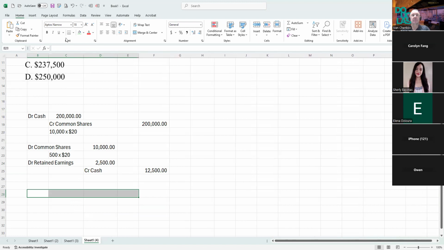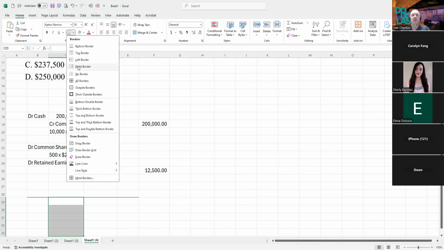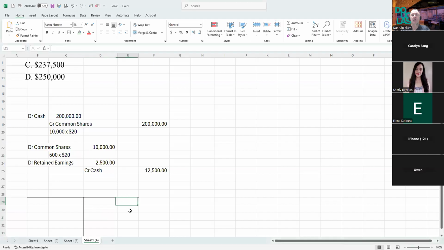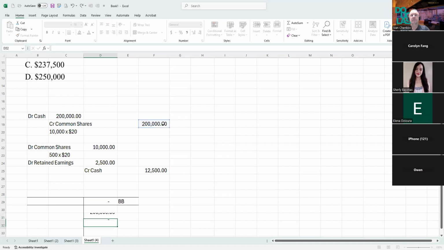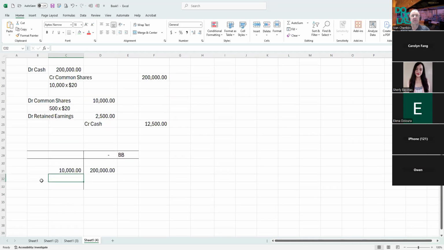Common shares, correct? What do I have in common shares? Initially, I had the beginning balance, 0. Then I issued common shares, I didn't purchase, for 200,000. Then I retired common shares at 10,000. So what's my balance of the common shares account? Make sense?